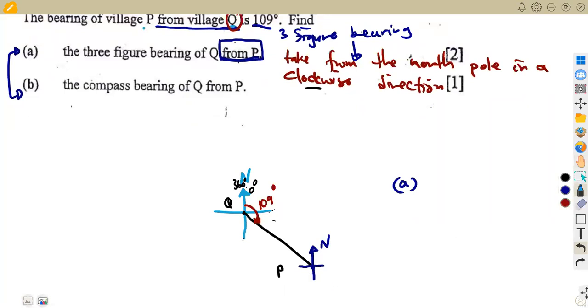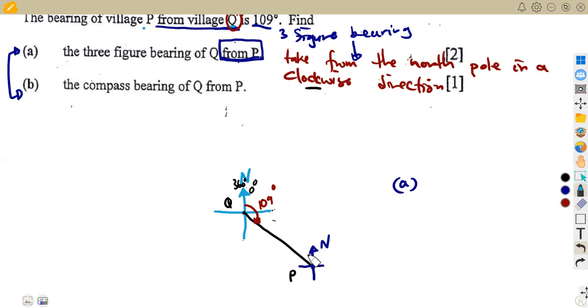All right, so let me write it closer so that I do not confuse you here. This north pole here is for P. So the direction that you are going to take if it is a three-figure bearing is always clockwise, but from its north pole.